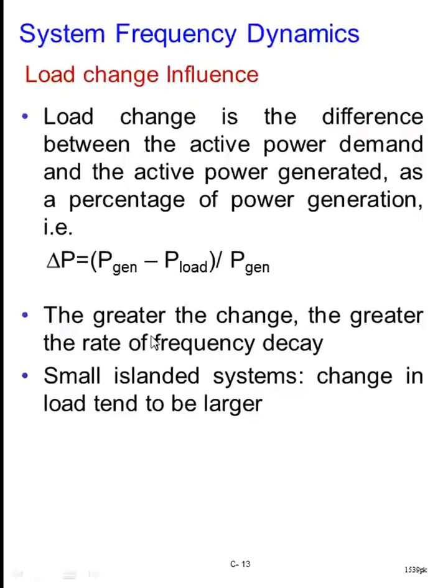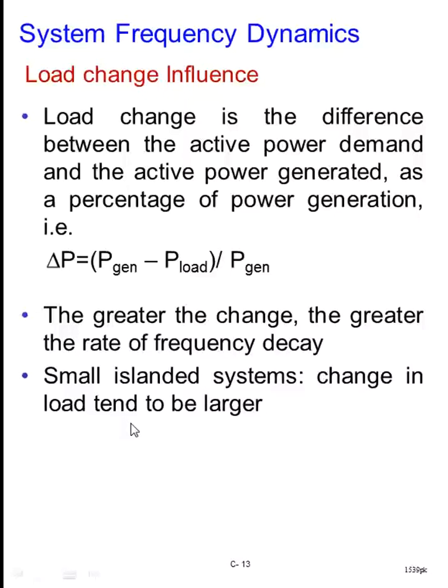If it is an isolated system, let's say you have one or two power plants and some local load, but they are not connected to a large network, the main electricity grid, then the system operates as an isolated one. Then the change in the load will tend to cause a larger frequency deviation.